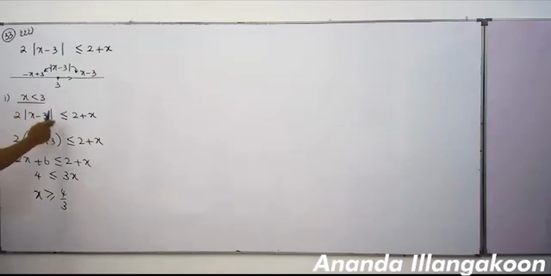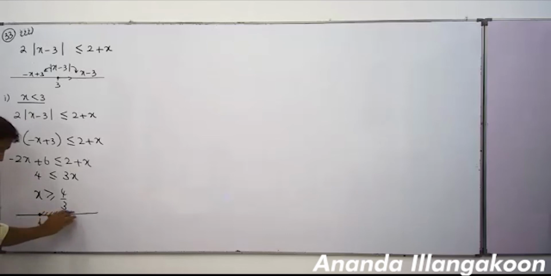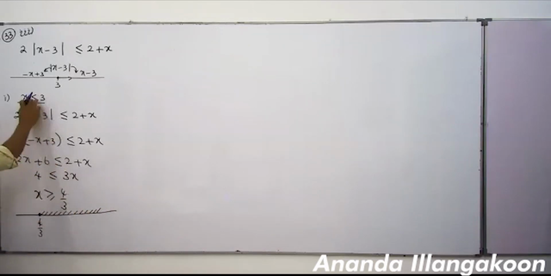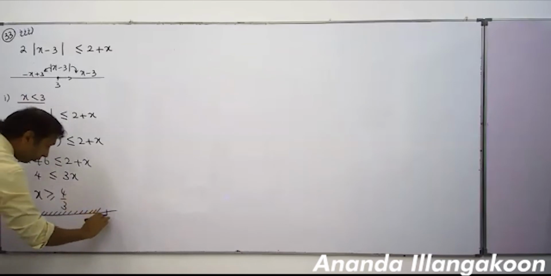Then for this and this, we have to take the common region, no? x greater than or equal to 4 by 3, including 4 by 3 and more than this. 4 by 3 means 1.3 something. And this says x less than 3, excluding 3.